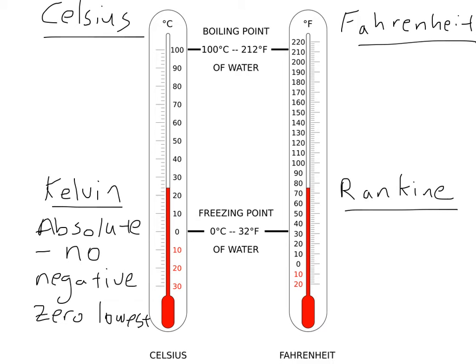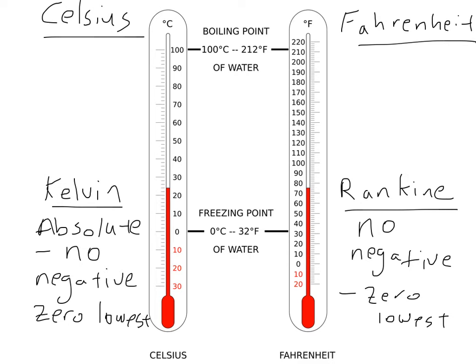On the Rankine scale, we also have no negative numbers, just like the Kelvin scale. And it's also on the absolute scale. So the lowest temperature in Rankine is 0, just like in the Kelvin. And the big difference between Kelvin and Rankine is what type of scale they're on.